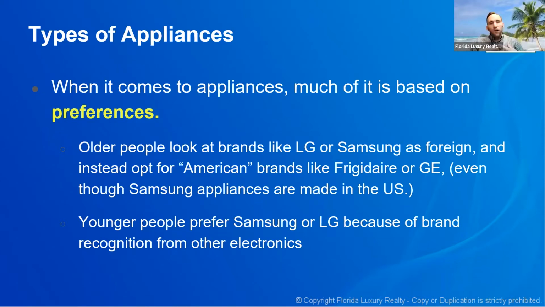So younger people, because let's be real, I've got Samsung phones. I have Samsung TVs, all my appliances are Samsung, my computer is Samsung. I really like that brand. So for me, because it's a brand I recognize, I know they make good quality products, I might prefer a Samsung appliance to an LG or a Frigidaire or something like that.